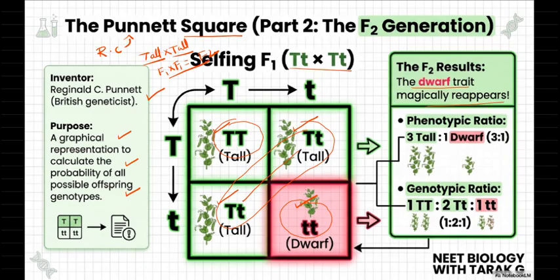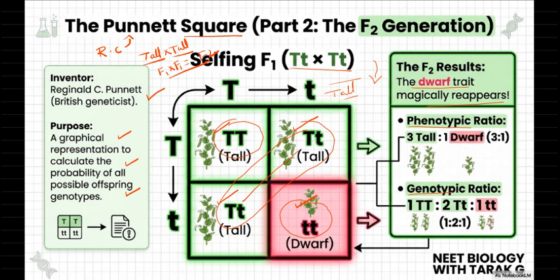In F1, did you find a dwarf plant? No. All are tall, none were dwarf, so there is no blending. But in the F2 generation the parental character appears.